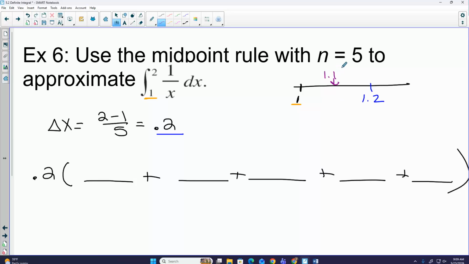So that will be the first number I plug in, putting it in for my x in this expression, the 1 over x. Now, you could go through and calculate it every time, but I know x just goes up by 0.2 each time. So the next one would be 1.3, 1.5, 1.7, 1.9.